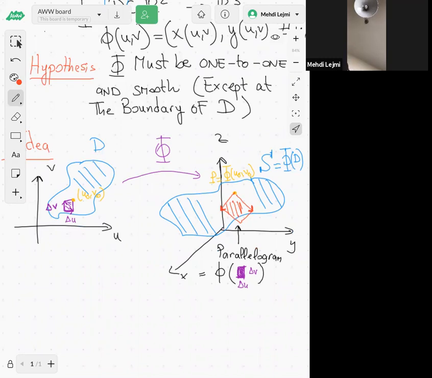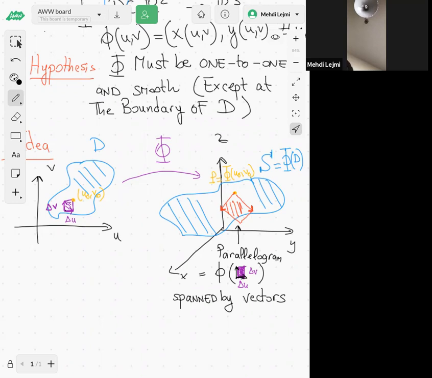So this is supposed to be a vector here, of length, of course, magnitude delta u and magnitude delta v.